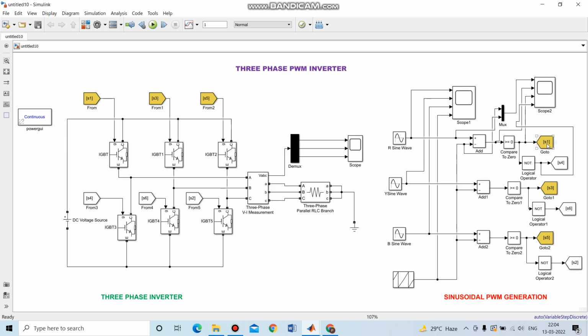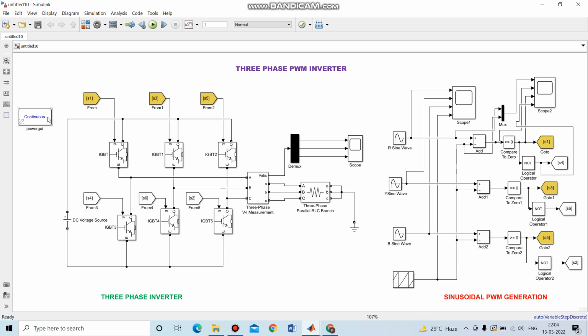From the Goto operation we give the signal from the R wave, Y wave and B sine wave. From these 3 sine waves we give the gate pulse. From the Goto option, the sine pulses are given to the IGBTs through the From option. Let me see how we connect the circuit diagram.